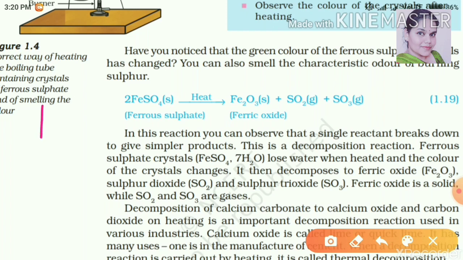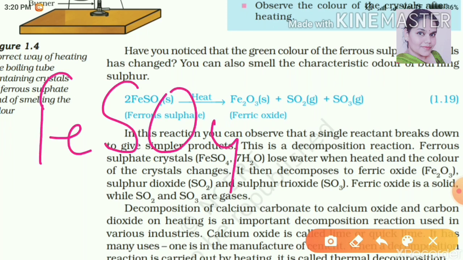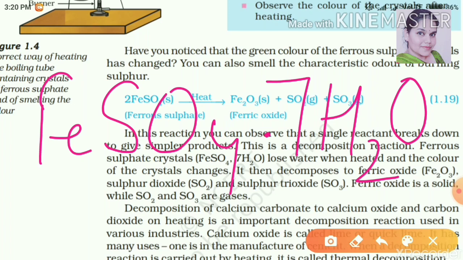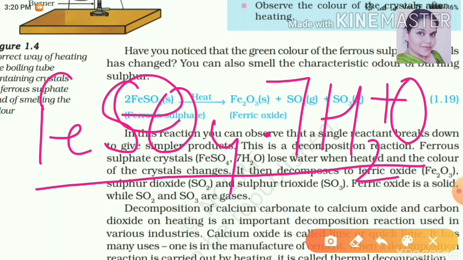I'll write here FeSO4 dot 7 water molecules, 7H2O. So if we write dot 7H2O here in the place of reactants, like this, FeSO4 dot 7H2O, then in the products also we will write 7H2O on this side.